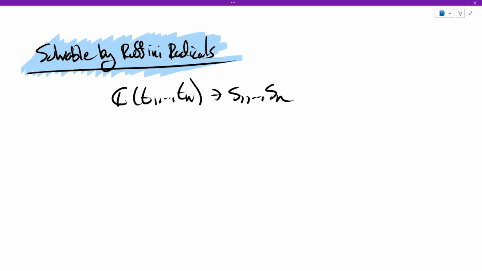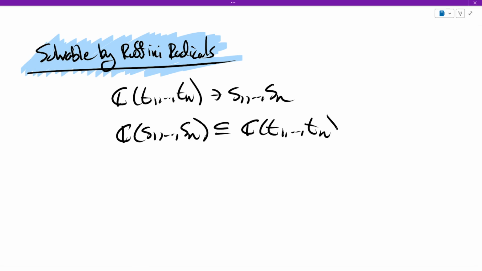So these are polynomials in the T's. And so we can look at the subfield generated by C adjoin S1 through Sn sitting inside of C adjoin T1 through Tn. Every one of the S's is on the right, so we can look at the field generated by it. And these are not equal to each other. That's a fact.